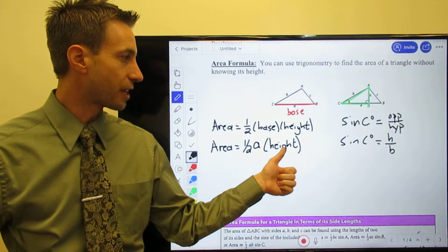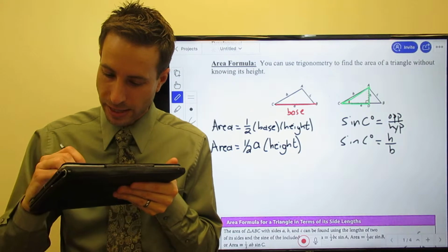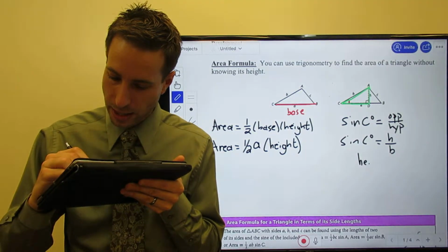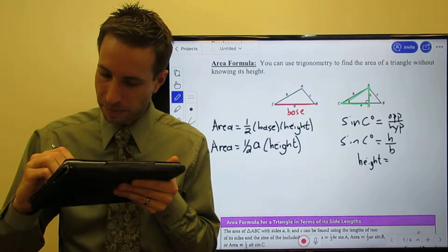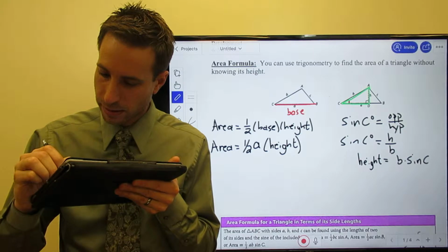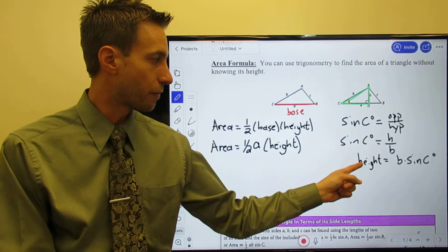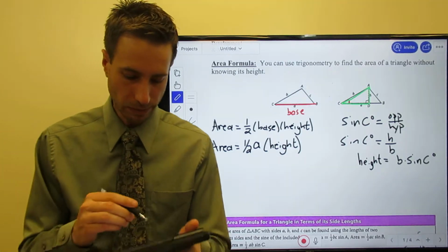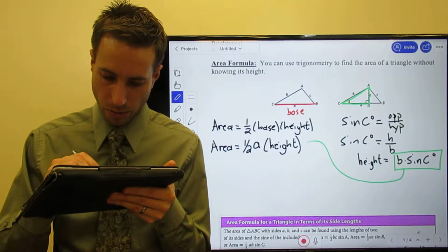And I'm trying to figure out what is the height. So we'll multiply the B to the other side. We get height. The height is equal to B times the sine of angle C. Right, all I did was solve for H. Well, substitute. I'm going to plug this guy in right over here.